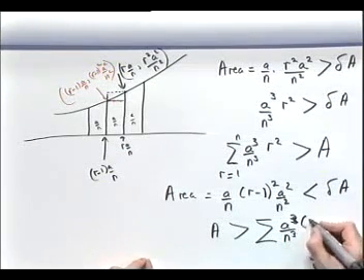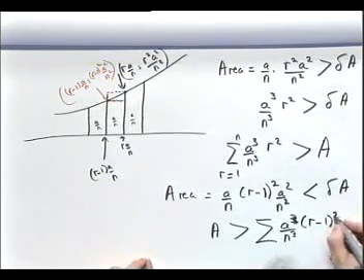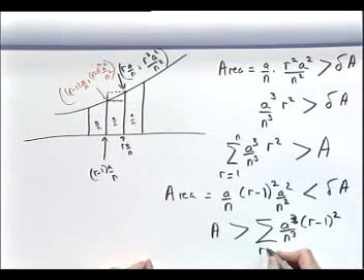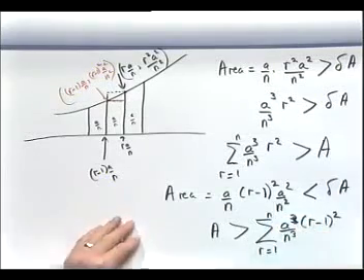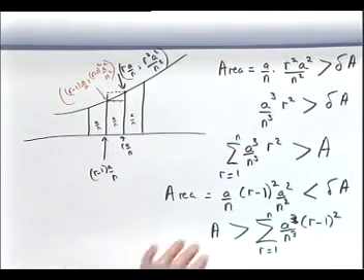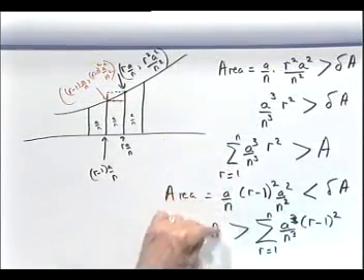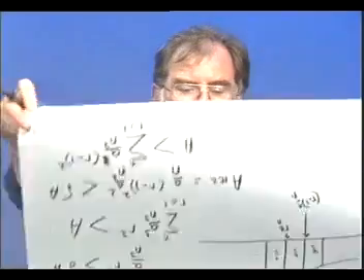And then we've got this r minus 1 all squared, and we'll sum that from r equals 1 up to n. So now, let's write down these two inequalities together.